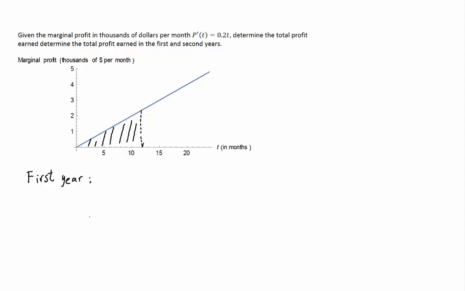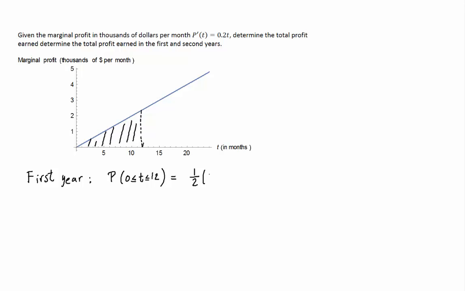in thousands of dollars. So in this case, the profit for the first year, so I have to do my months from month 0 to 12, is going to be equal to the area of this triangle, which is a half of the base times height.